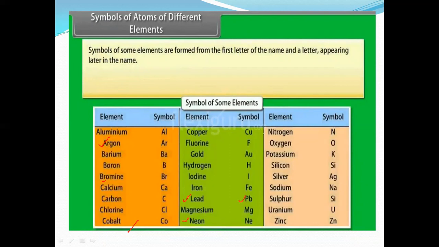Because here is N, here is N, so Ne is written from here. Nitrogen, oxygen O, potassium K, from the Latin word kalium, silicon, silver Ag, argentum, sodium Na, natrium, sulfur, uranium, and zinc.